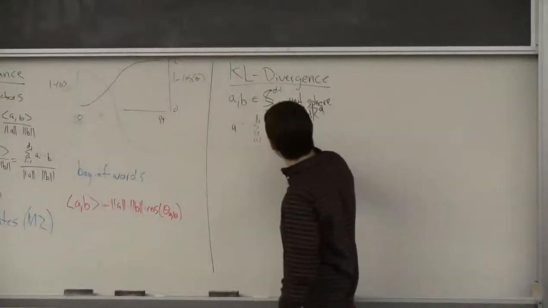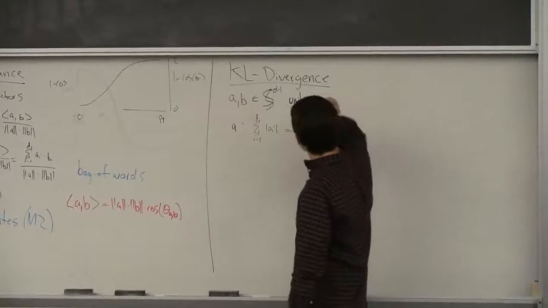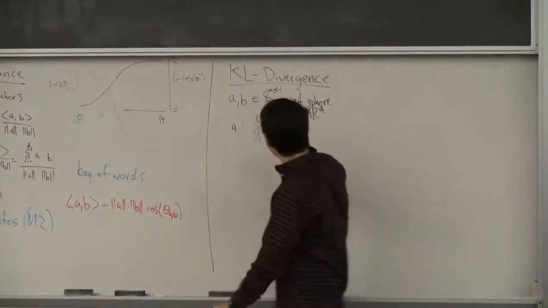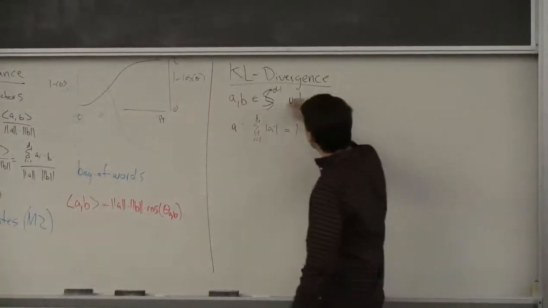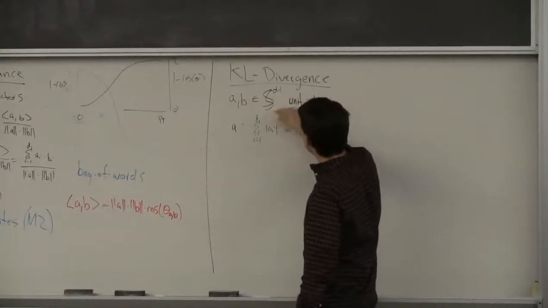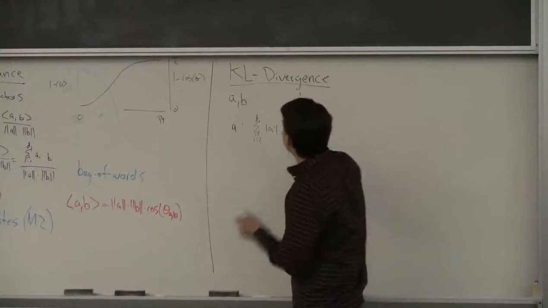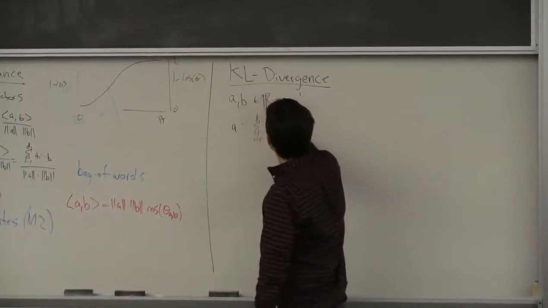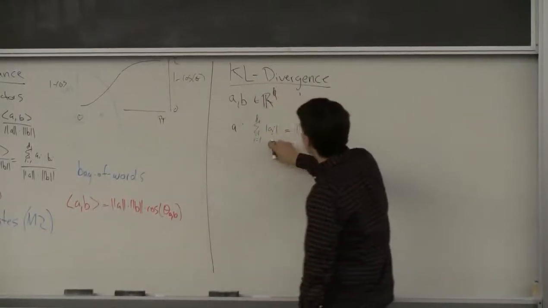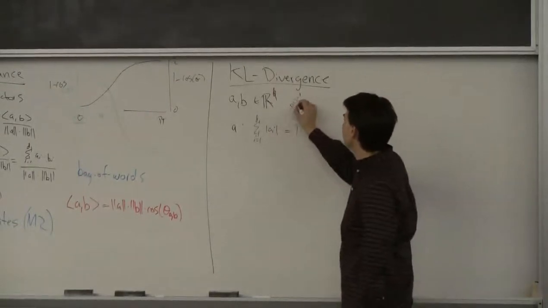Oh wait, actually, hold on, this is not true. So I take this back. It's not on this, this is usually the L2 sphere. This is not the case. So these are going to be vectors in R^d such that this property holds.